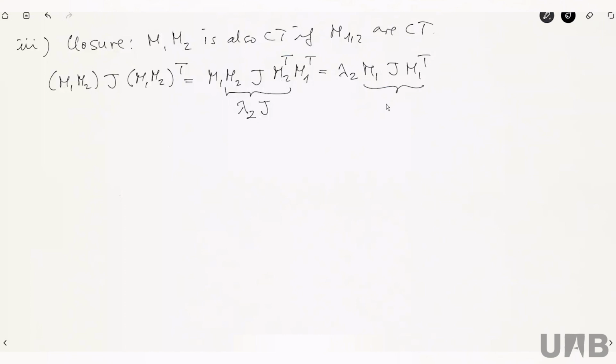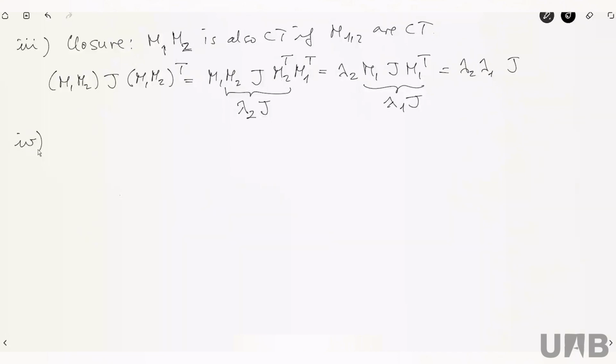But M1 is also a canonical transformation, so this is lambda 1 times J. So that means that this is lambda 2 times lambda 1 times J. So the valence of the product of two canonical transformations is just the product of the two valences. Okay, good.